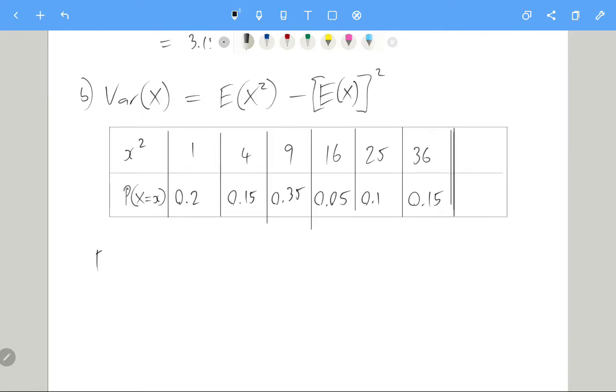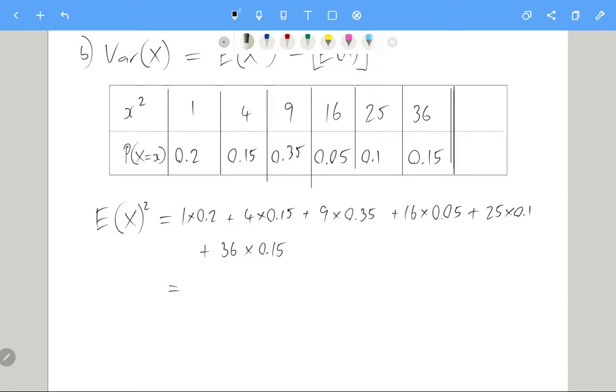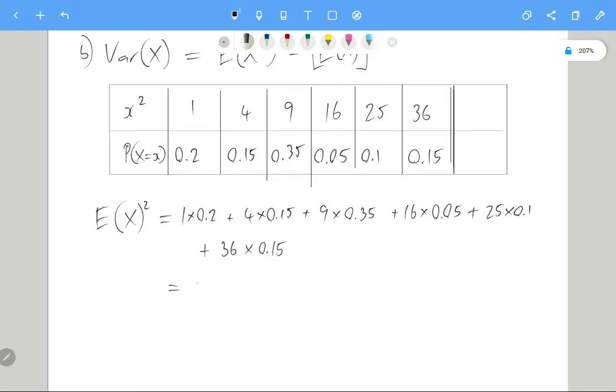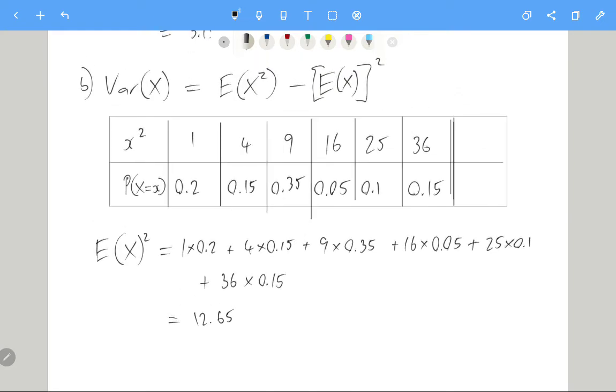And now I can work out the expected value of x squared by multiplying each of these: 1 times 0.2, 4 times 0.15, all the way down. Once I've worked out all of these, it adds up to 12.65.